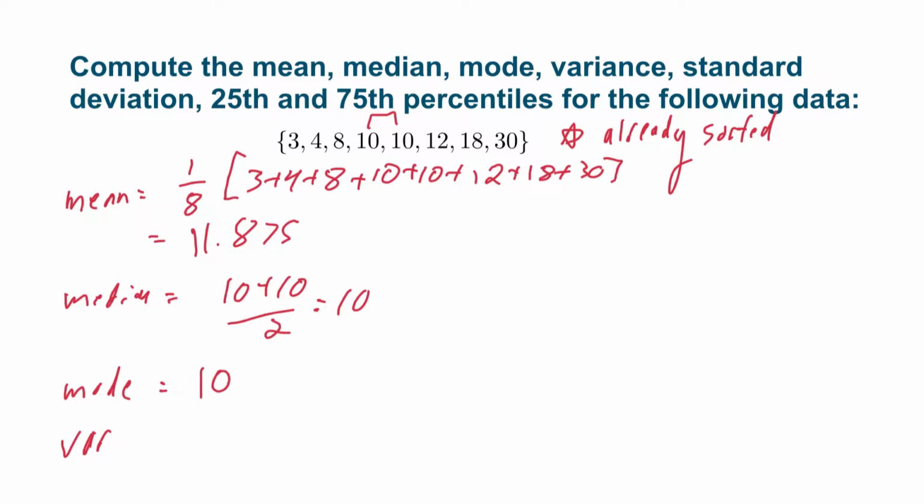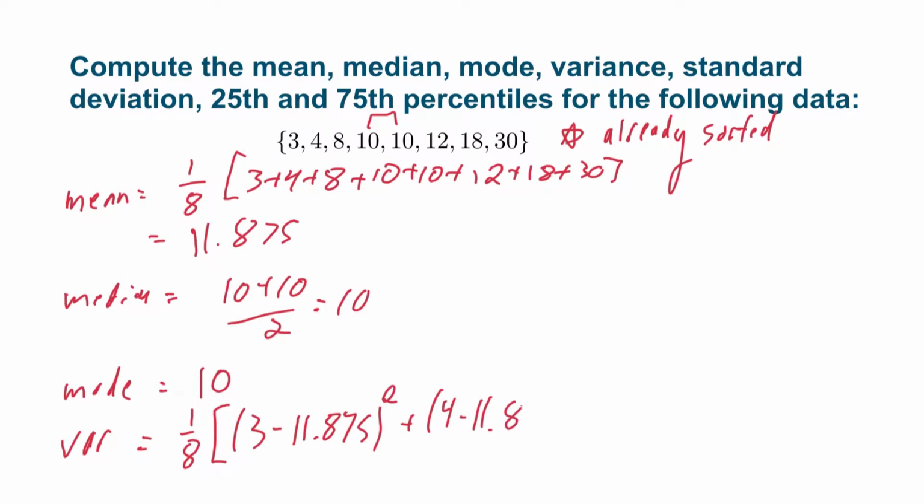The killer, of course, is the variance. For this, I'm also going to divide by the number of elements I have, but I have to take the first element and subtract the mean. Square that. Then I take the next element, and I subtract the mean. And I keep doing this, and then second to last element, and then the last element.